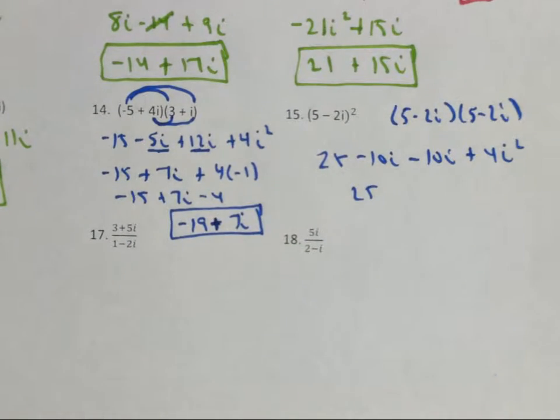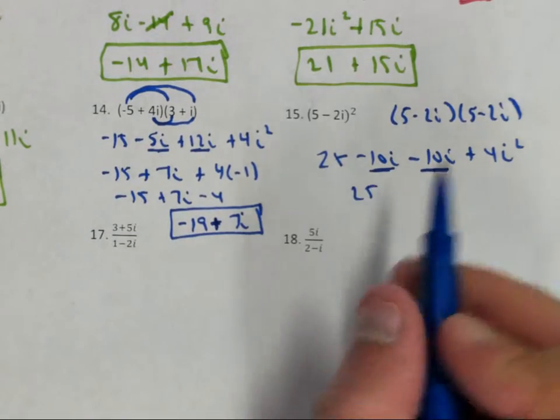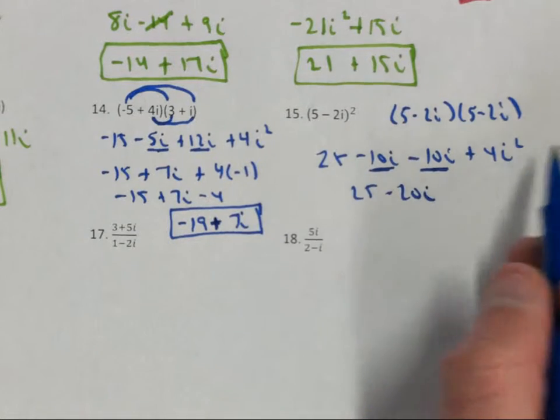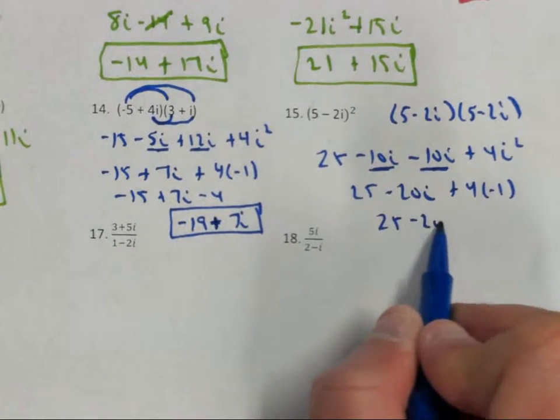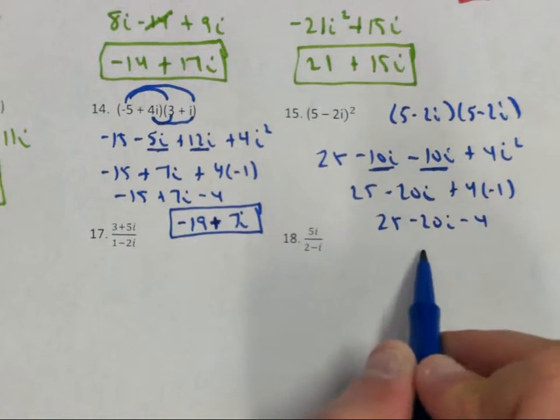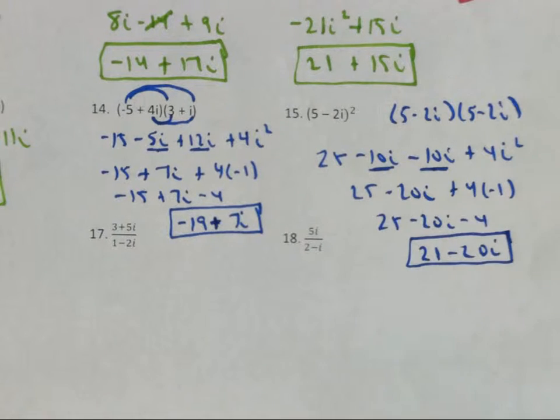Negative 10i and negative 10i gives me negative 20i. i squared is negative 1. 25 minus 4 is 21 minus 20i. Does that come back to y'all from last year?